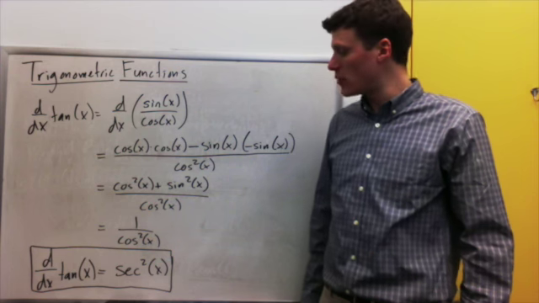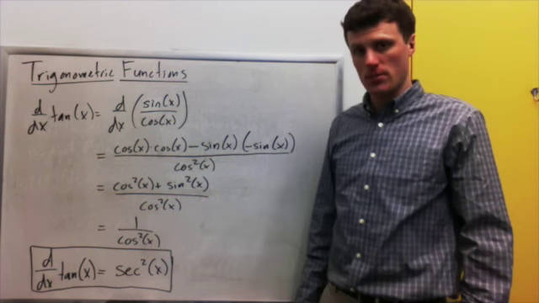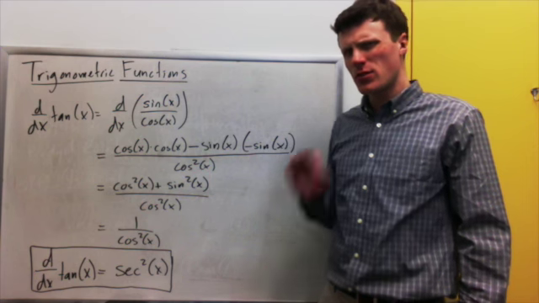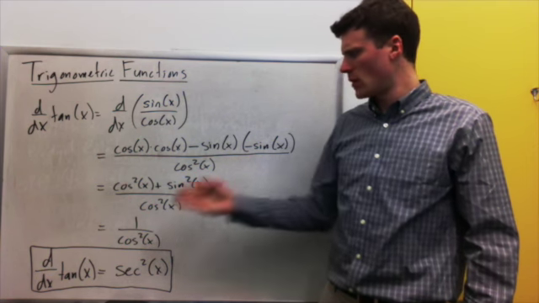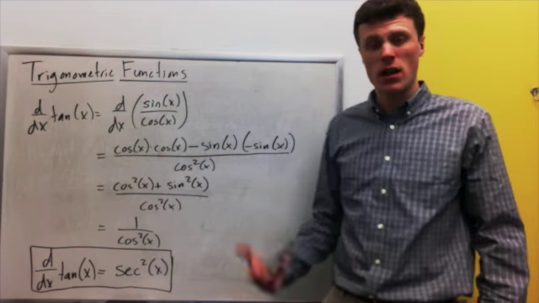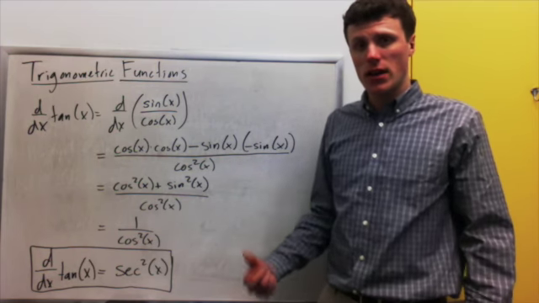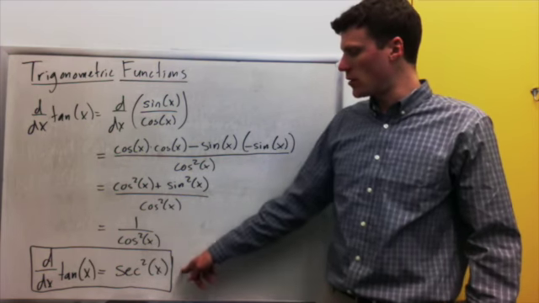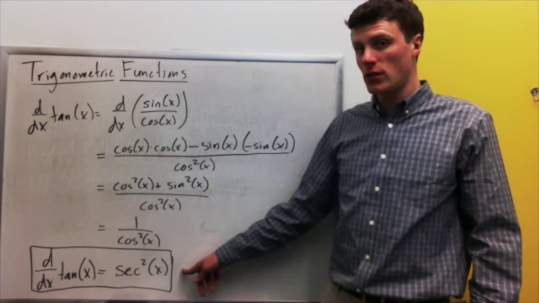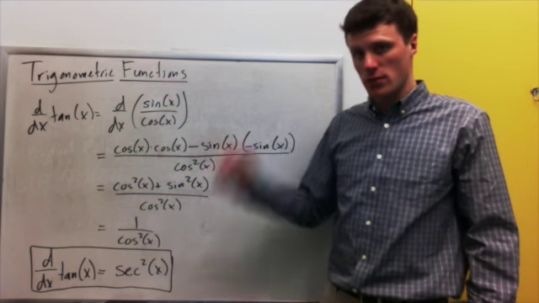Cosine squared plus sine squared is equal to 1. So I'm just left with 1 over cosine squared, but just to make things look a little bit nicer, 1 over cosine is the same thing. It has its own name. That function is secant. So 1 over cosine squared is secant squared. The derivative of tangent is secant squared.